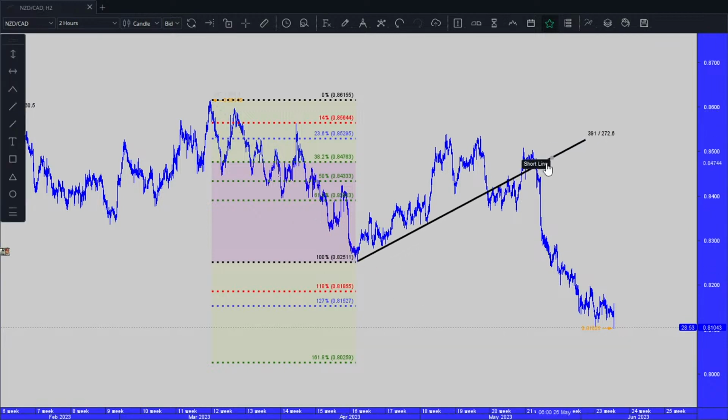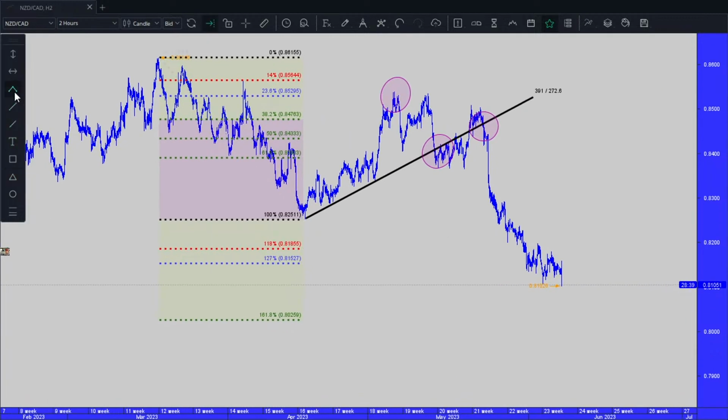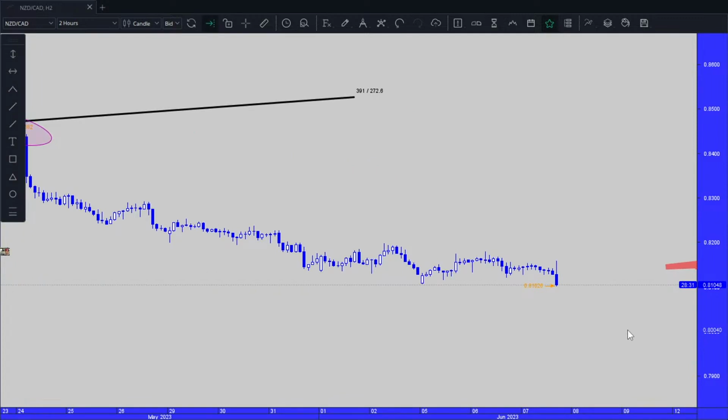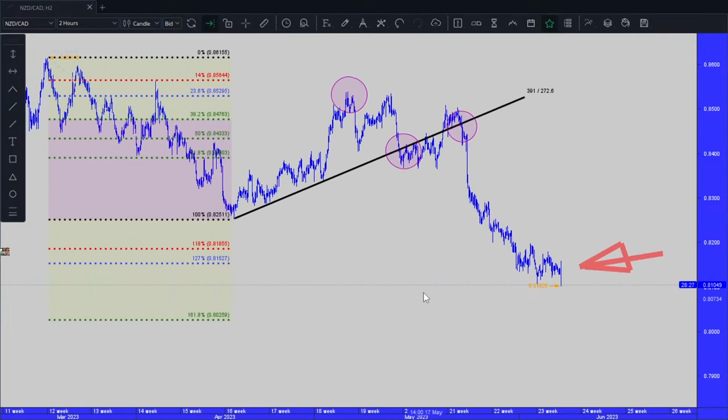Our best entry was up in here or down in here. The market broke the counter trend line, or somewhere in here, right? But we are in here right now. We were in here, right? So what can we do?